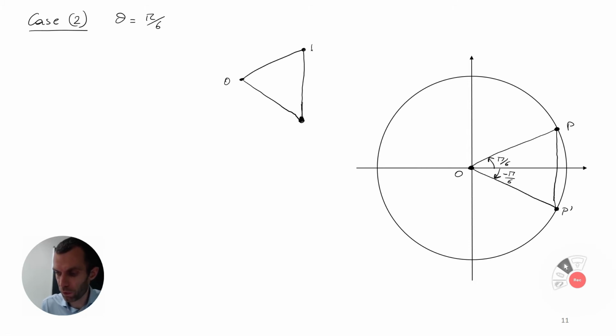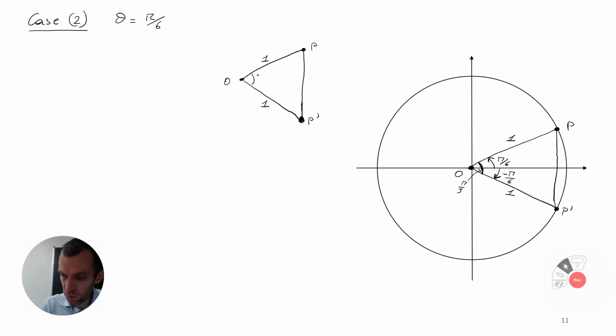So this is point O, this is P prime. So what do we know about this triangle? First of all, we know that this side has length 1, this side has length 1 as well, 1 and 1, and this entire angle right here is pi over 6 plus another pi over 6, so this right here is pi over 3.